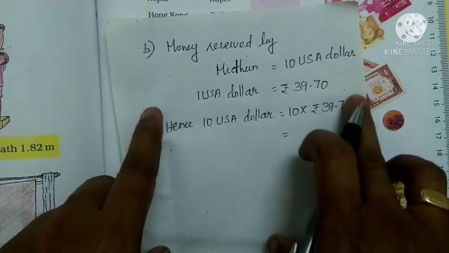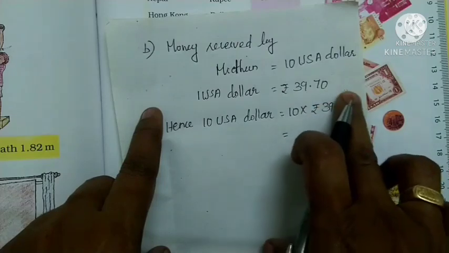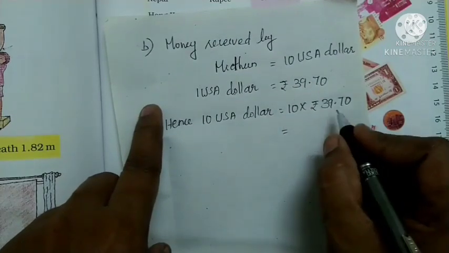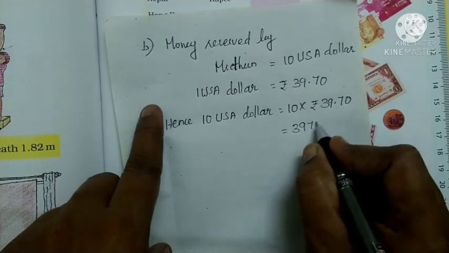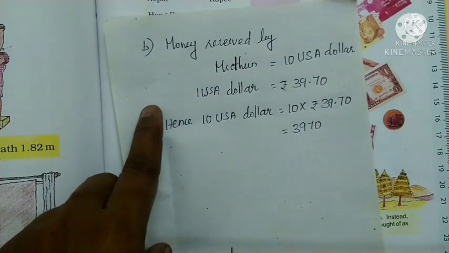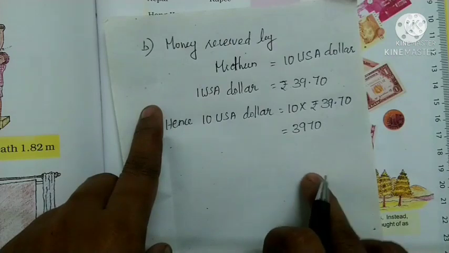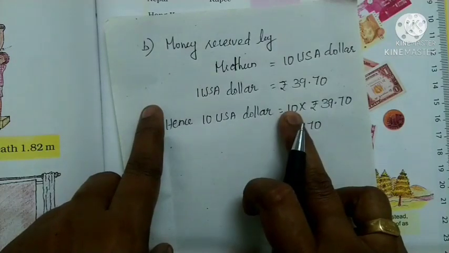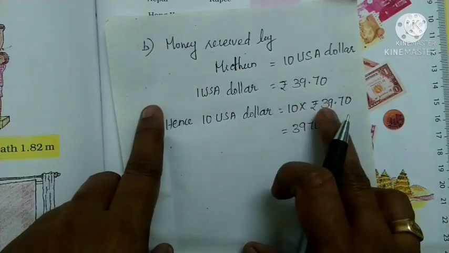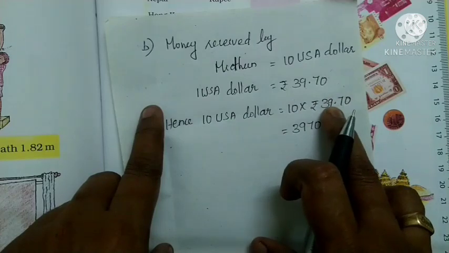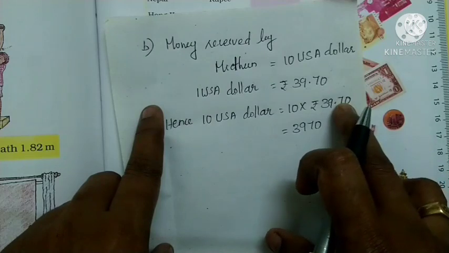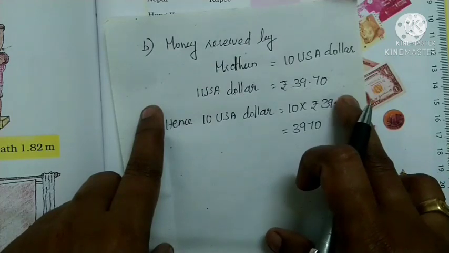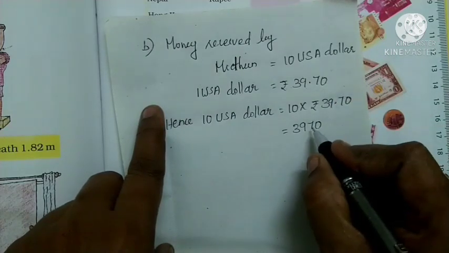First, you can write the number, 3970. So where do we have to put the decimal point? Multiplying with 10, that means only one 0. So the point moves one place from left to right. Understand?